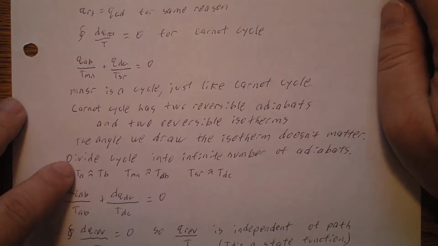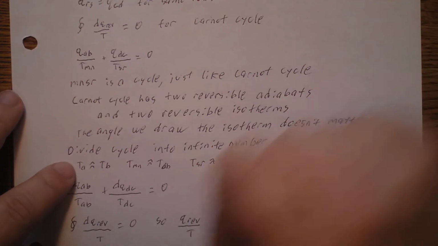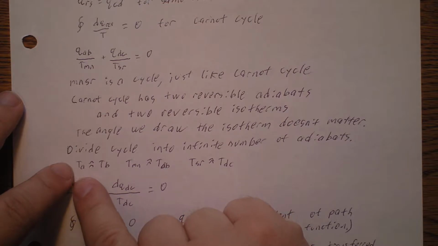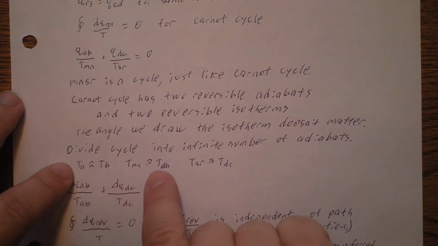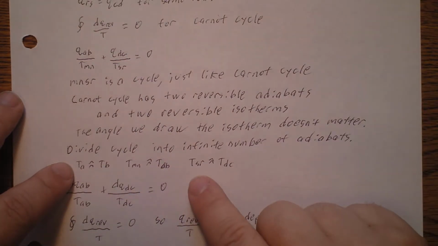So we want to divide this cycle over here into an infinite number of these adiabats. So we're going to end up with TA roughly equal to TB, TMN roughly equal to T AB, so we're going to just do stuff close enough that everything's roughly constant.